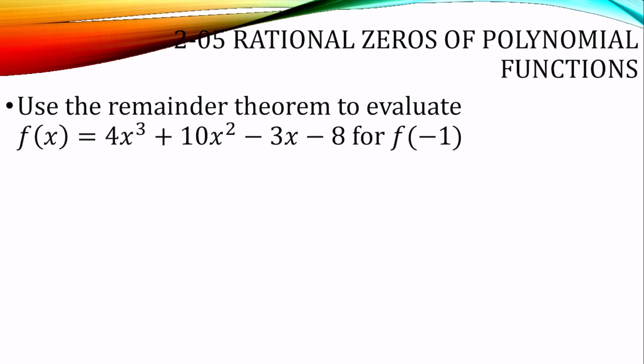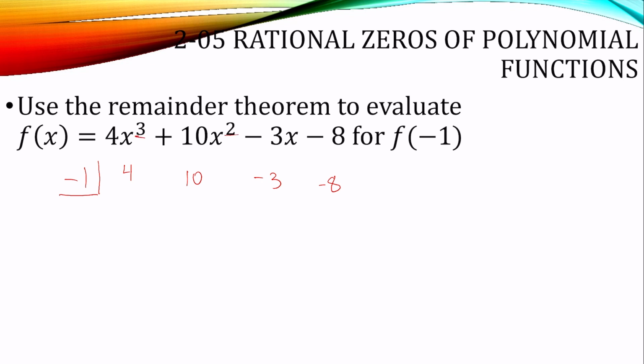So let's use the remainder theorem to evaluate this function for f of negative 1. So we want to plug in a negative 1. So we're going to put the negative 1 in a box, and then the coefficients, so we're just doing synthetic division. Make sure you have all the powers of x.